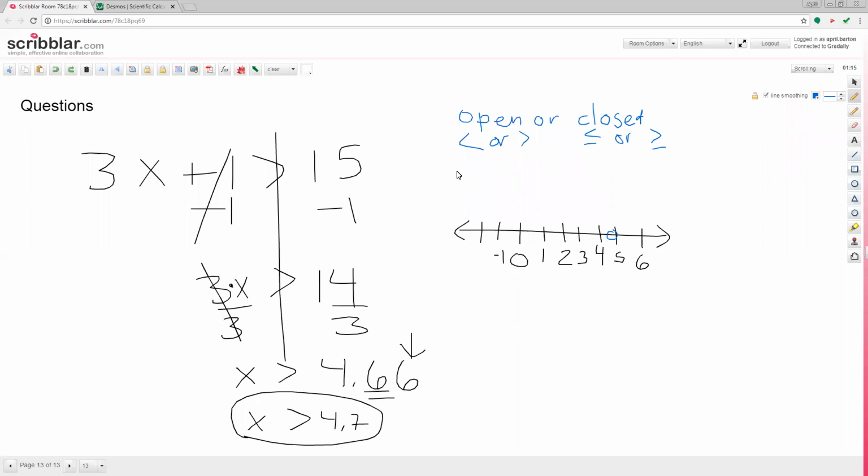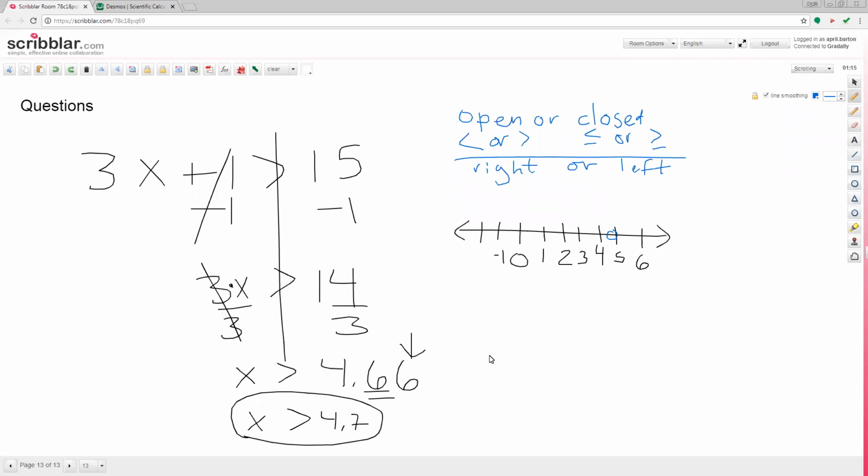So then the second question is our shading. We're trying to, again, represent that whole group of numbers. So we want to shade to the right or to the left. If we're doing bigger than, we want all the numbers above 4.7, which direction should we shade?